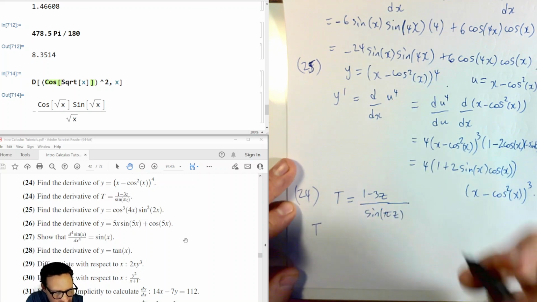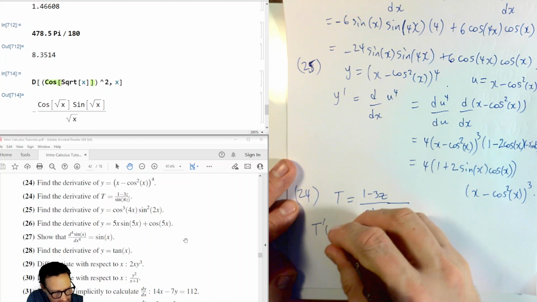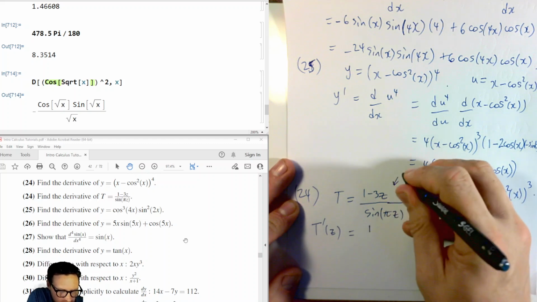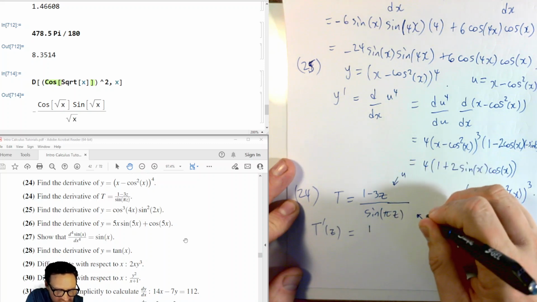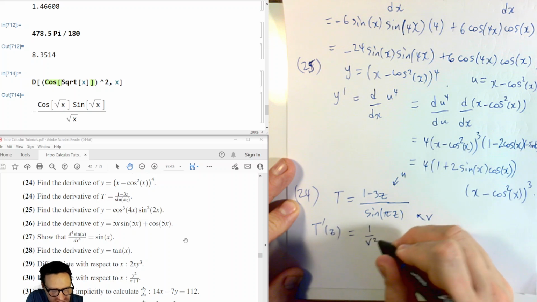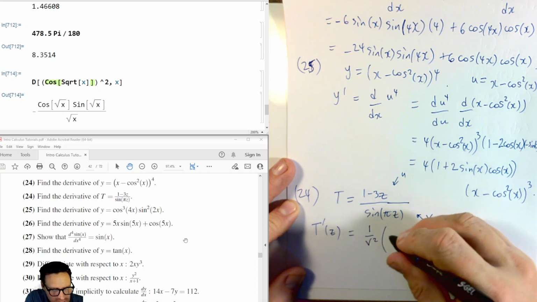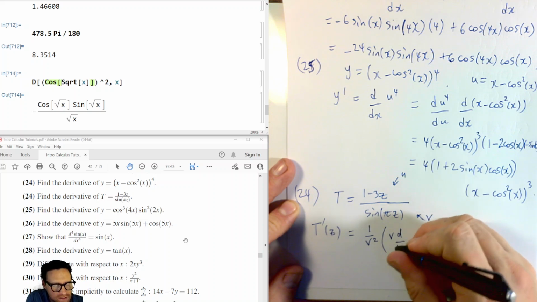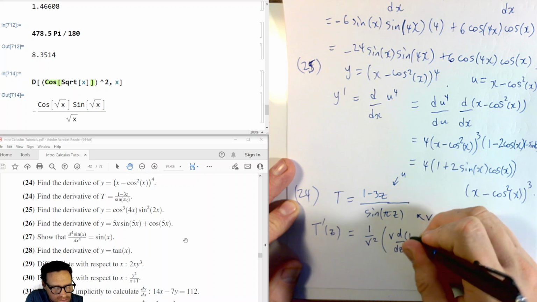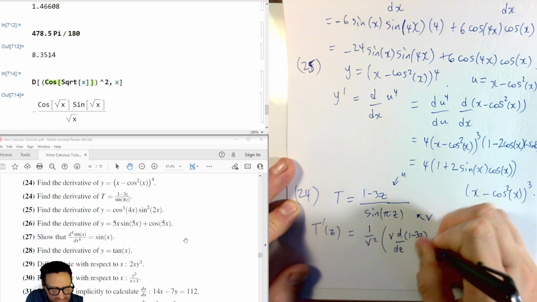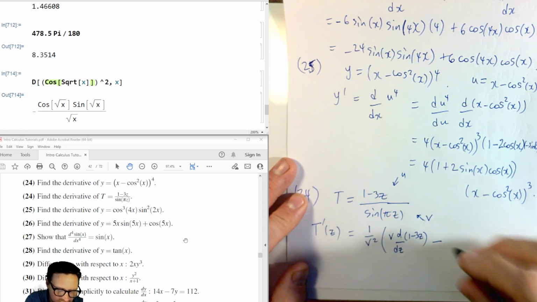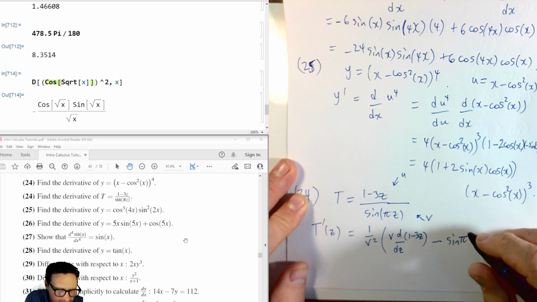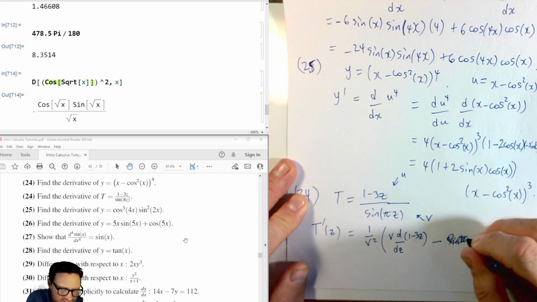So t dash with respect to z is equal to, now if I let this numerator be u and the denominator be v, then I have 1 on v squared v du on dx, or sorry, on dz, but that u is 1 minus 3z, and then minus, we swap these around, so sine of, no, that's my v, isn't it?